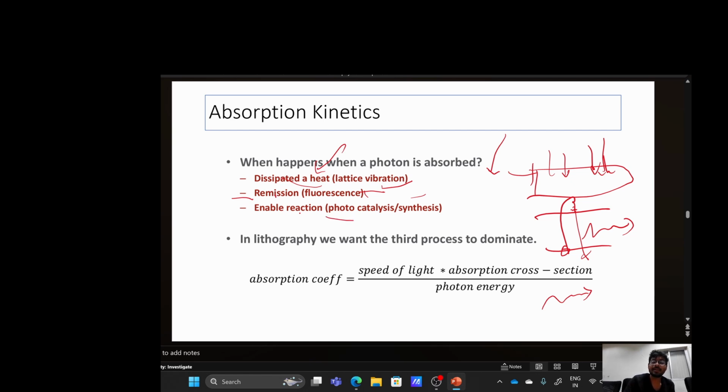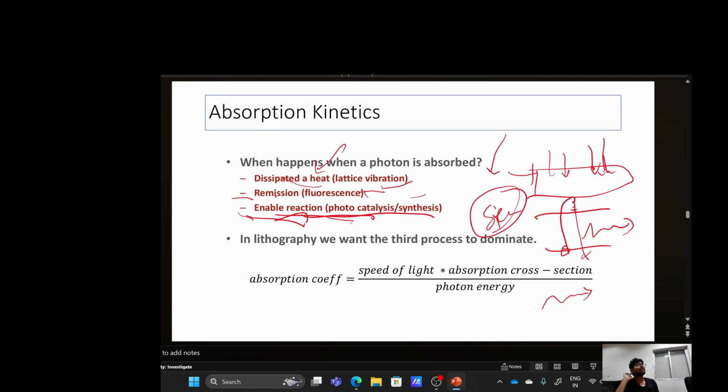Photocatalysis: because of the particular wavelength of the light, there is a reaction happening in the sensitizer. There is a sensitizer in that thin film, which enables the reaction, a reaction with the falling of the photons. That is what we are interested in, because cross-linking can happen, and there can also be a breaking of bonds.